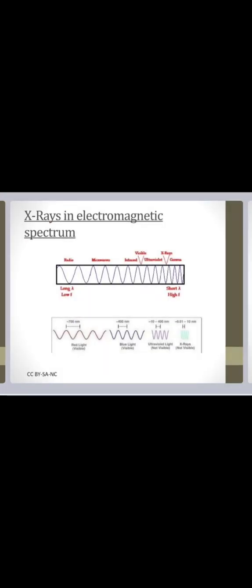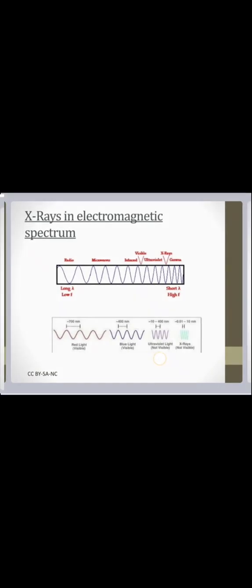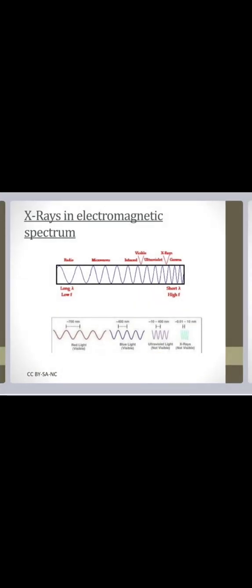Now let's go to the X-ray schematic diagram. It is explained in the electromagnetic spectrum. We see radio waves, microwaves, infrared waves, ultraviolet waves, and gamma rays, in which these X-rays lie between the ultraviolet and gamma rays, with a shorter wavelength and higher frequency.